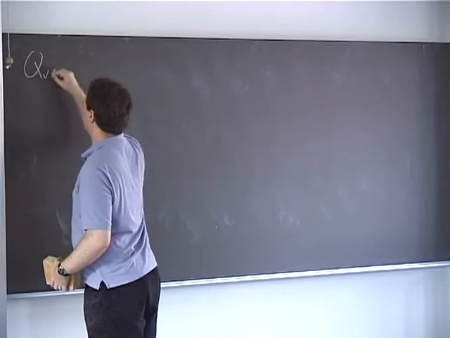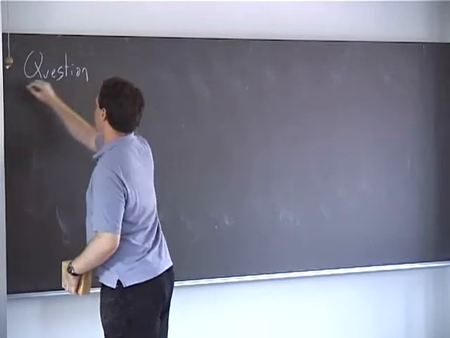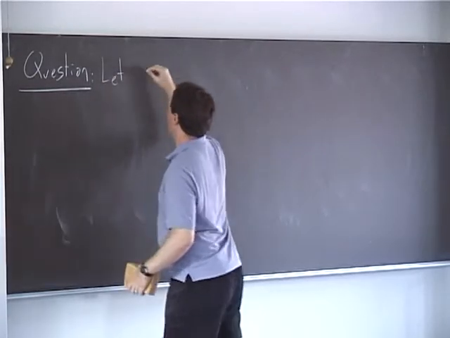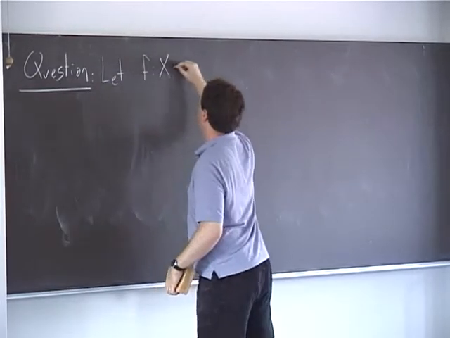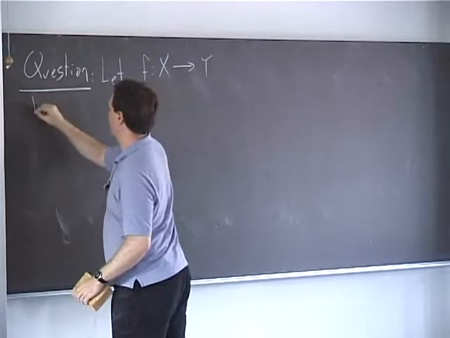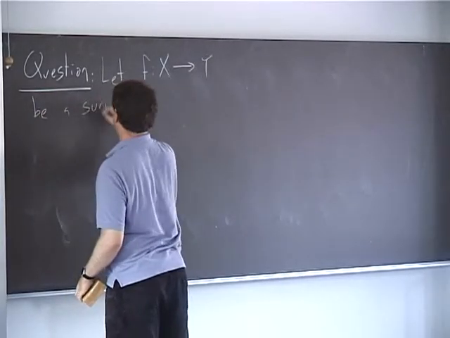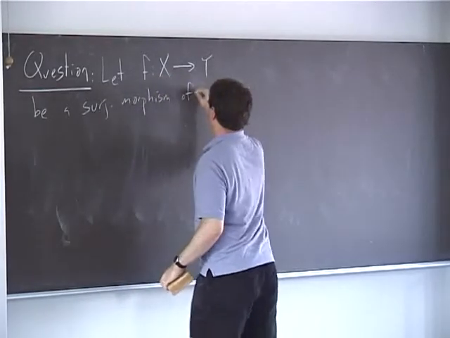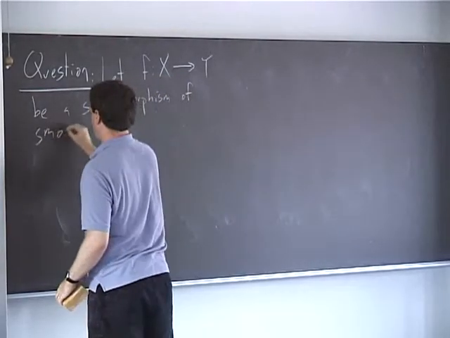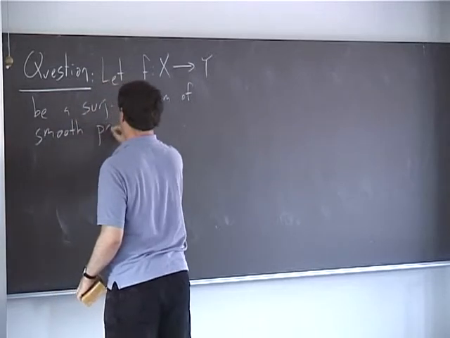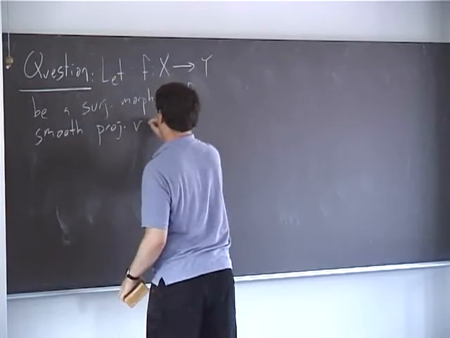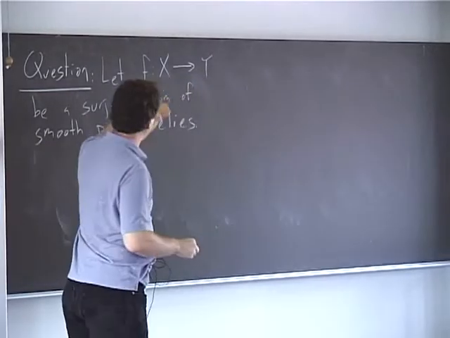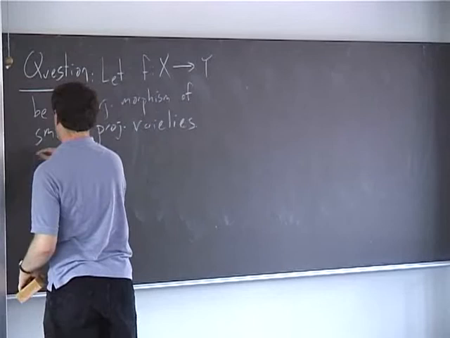And so here's the question that was considered by these guys. Let f from X to Y be a surjective morphism of smooth projective varieties. So we assume that the target Y is rationally connected.